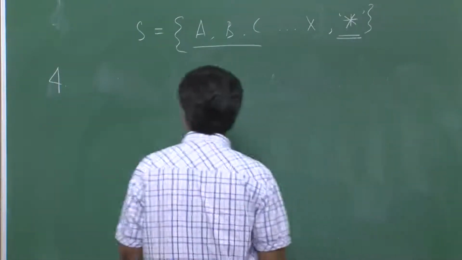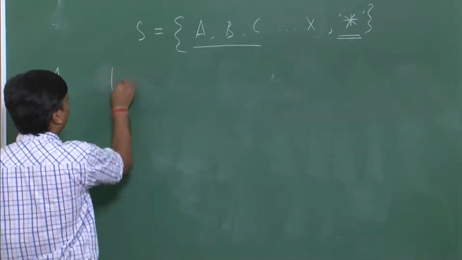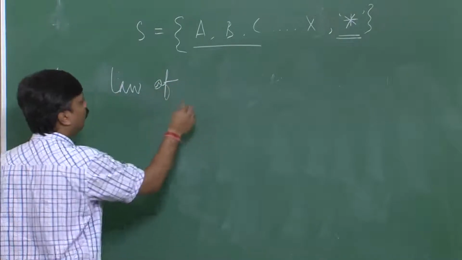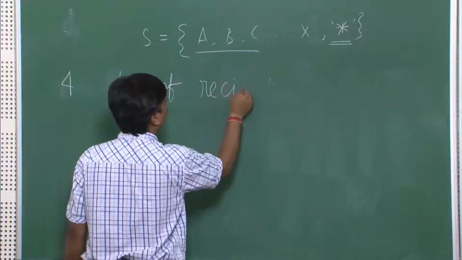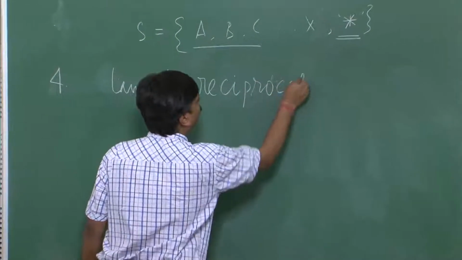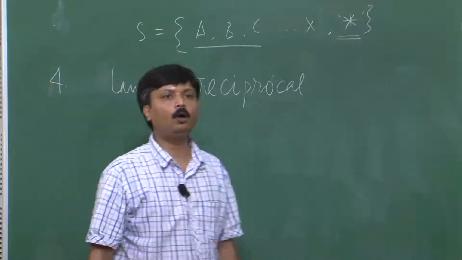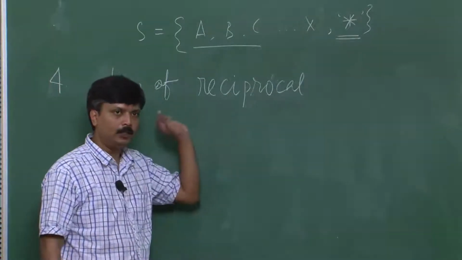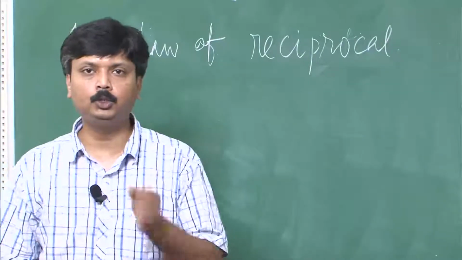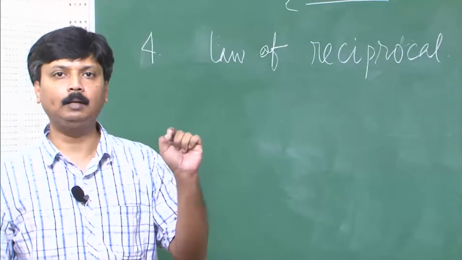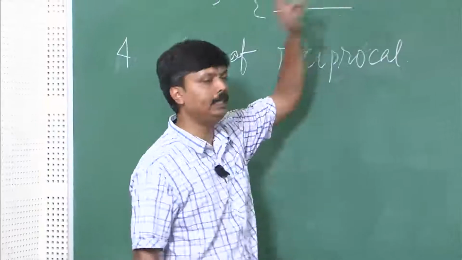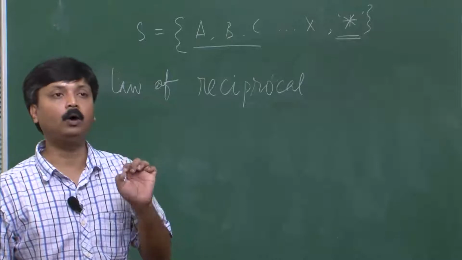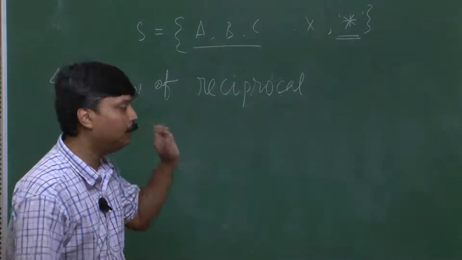the law of reciprocation, or we can say law of reciprocal. What does it say? It says that for this particular set, if I choose any one element arbitrarily, say C, then there must be a unique reciprocal or inverse for this particular element.